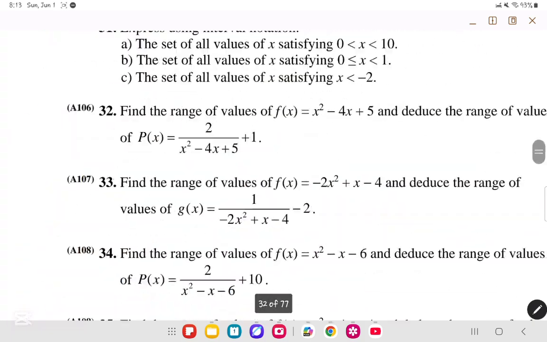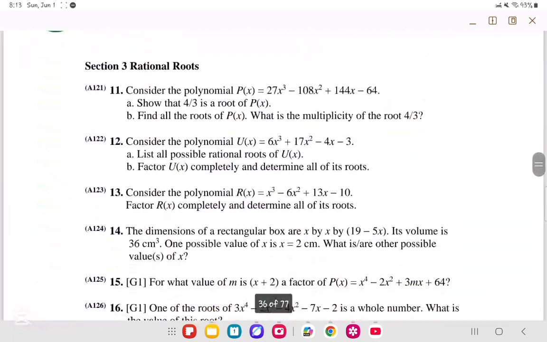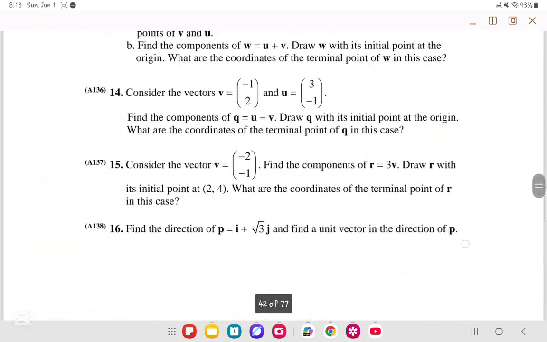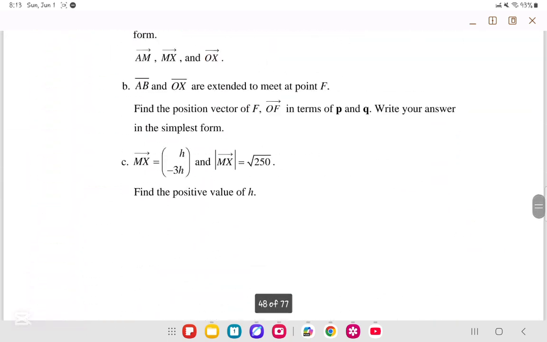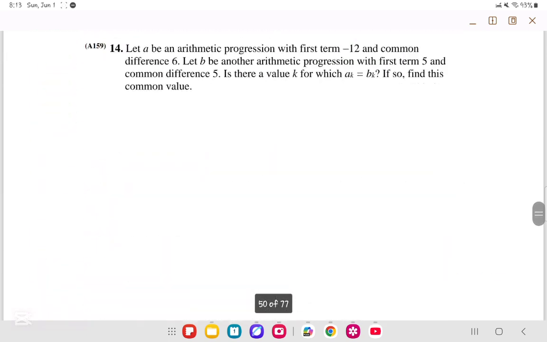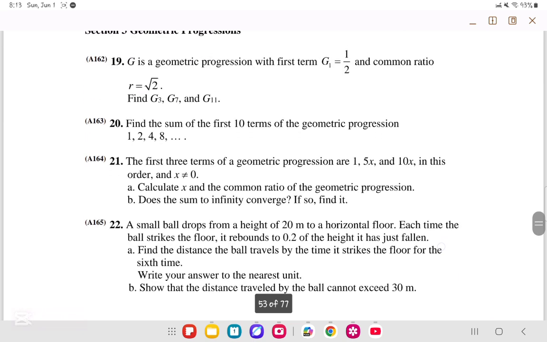We move on to the next one, which is 6.2, if I'm not mistaken. 5 vectors. Six, okay, we have 6.2 and 6.3.